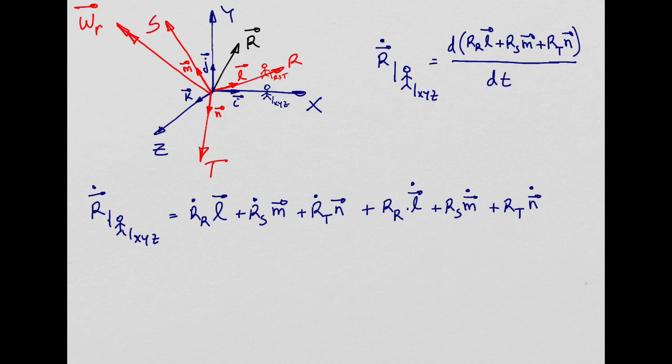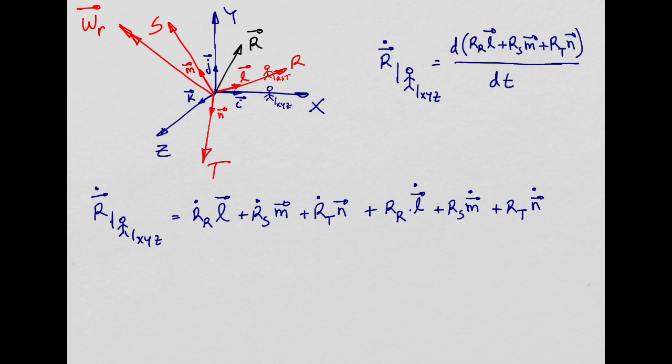So that L dot now is not equal to 0. So what does this L dot represent? Well, this L dot is going to be basically the speed at which my L axis changes direction.